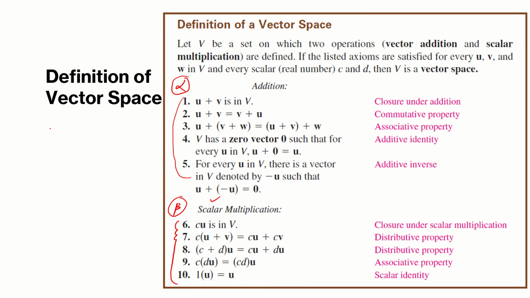So in the beta conditions, the first condition is: if you take any vector from V and you multiply that with a scalar, it could be 0 as well, with any real number, that must belong to V as well. Now the question is, is this condition satisfied in integers?